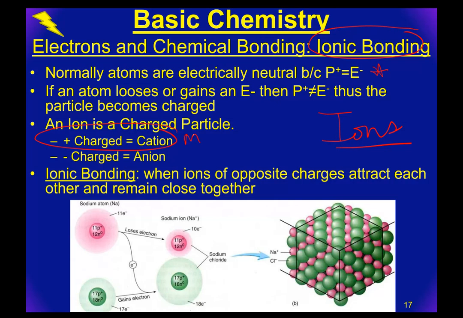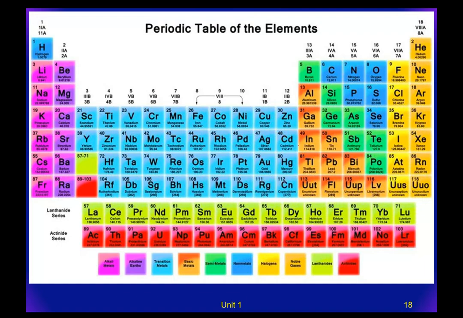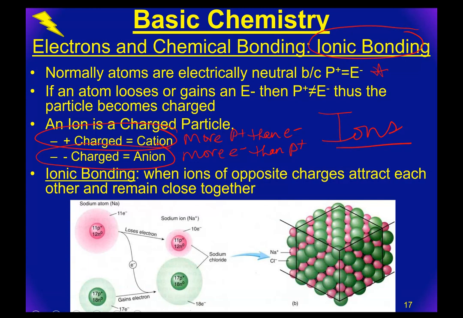I have more protons than electrons. Negatively charged, or an anion, I have more electrons than protons. So in ionic bonding, it's when the ions of opposite charges attract each other and remain close together.